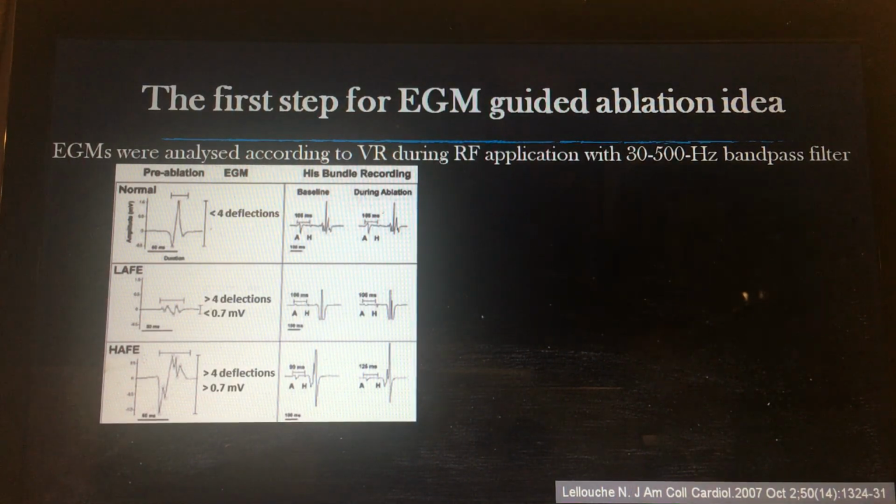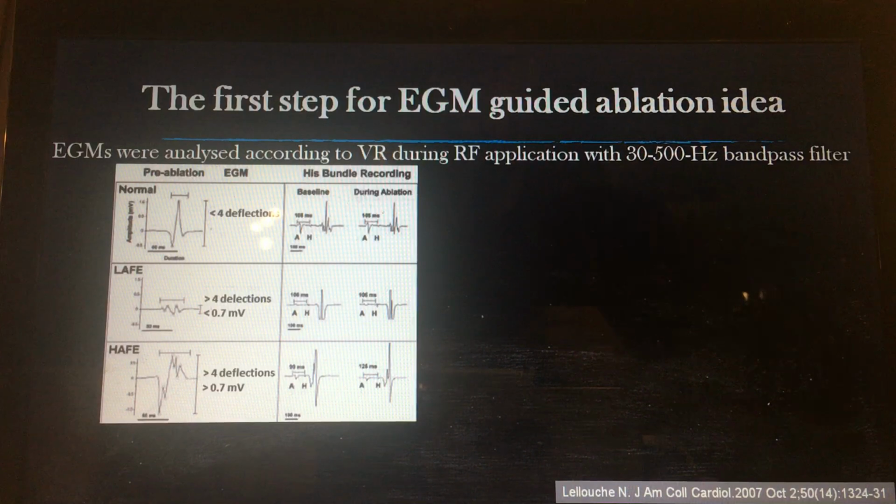So we tried to define a new and simple technique to detect ganglionated plexus during electrophysiological study. As a theoretical background of this technique, you can check this wonderful study by Lellouche et al., published in 2007.